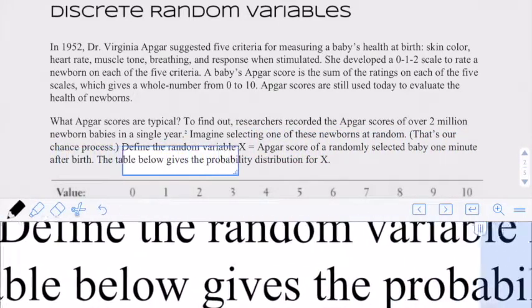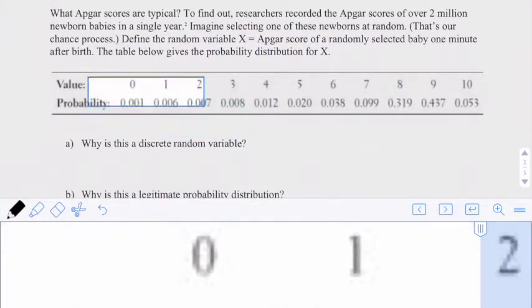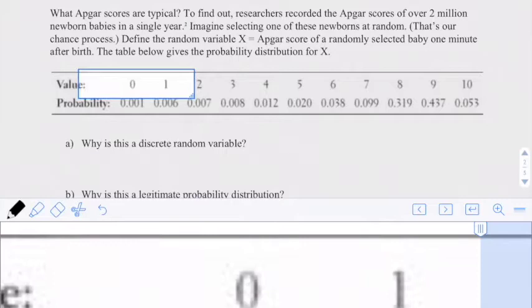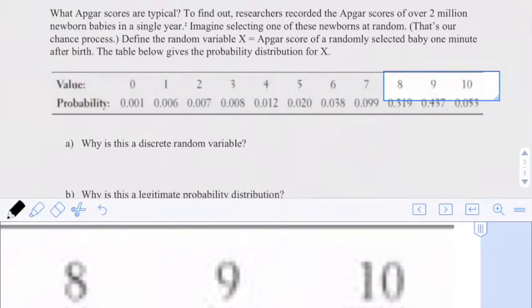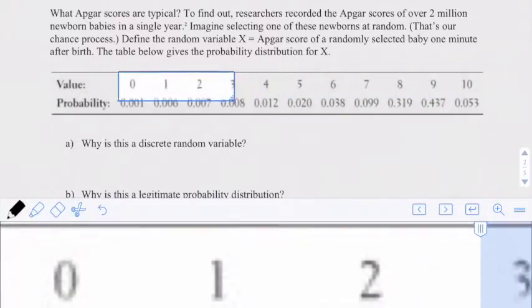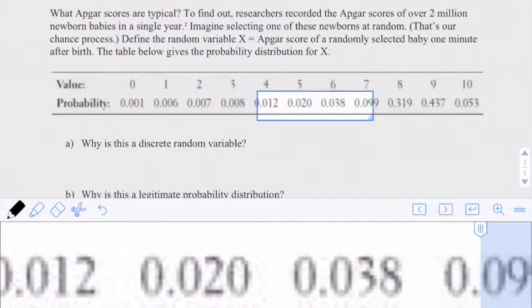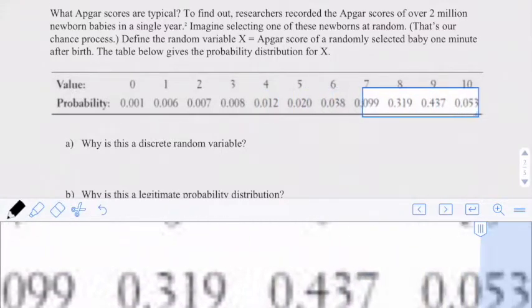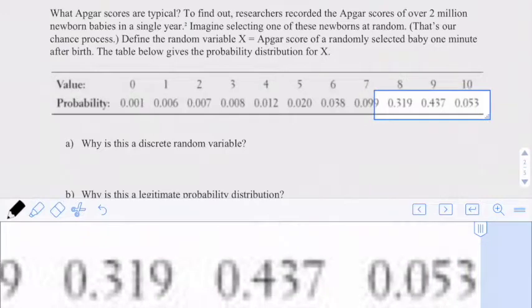The table below gives the probability distribution for x. So this 0 score is a baby that's not going to be doing well, and this 10 is a baby that's going to be doing very, very well. Looking at these probabilities, they're very low, very low, very low, starting to climb, and then this 0.3, 0.4, it looks like most of these scores are between 8 and 9.